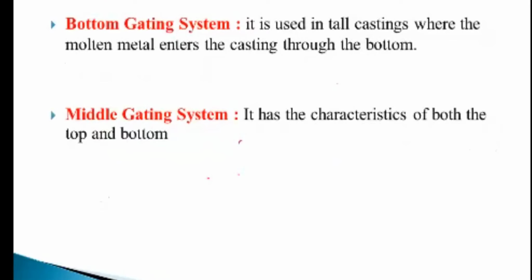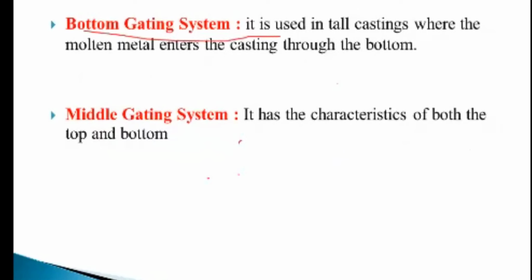What is the bottom gating system? Very easy. If the molten metal is coming from the top, then it is a top gating system. If the molten metal is coming from the bottom, that is the bottom gating system.